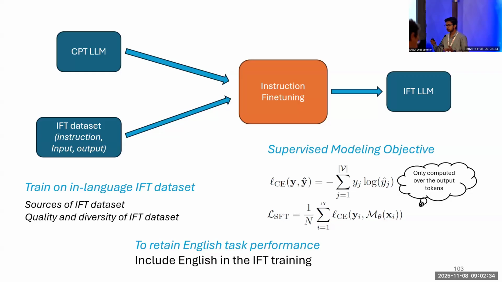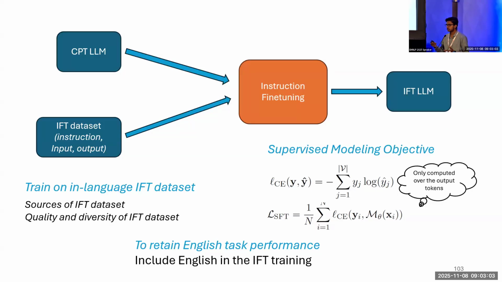So in other words, as we get better at predicting the expected tokens, the loss becomes lower and our model is better at following the instructions. One thing to note here is that the loss is only computed over the output tokens, unlike how we did it in pre-training. This is because we want to train the model to respond to our prompt and not train the model to generate prompts.